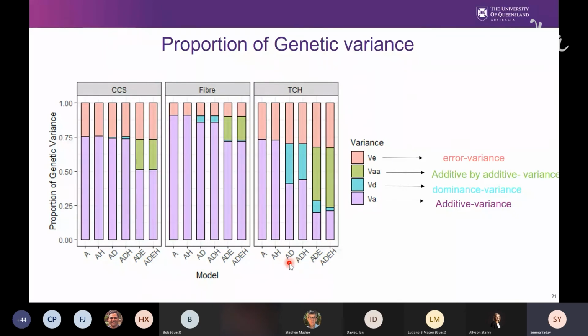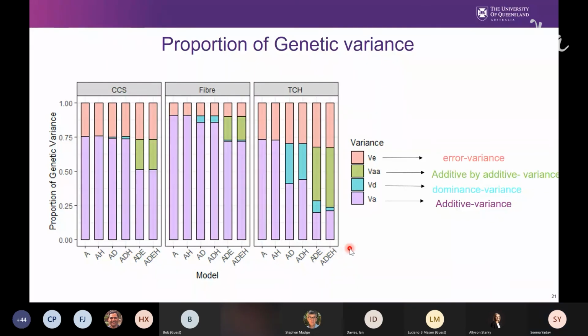In the third, A additive and D dominance, we include dominance in our model, and then it's complemented by the heterozygosity in the next model. Then we use additive, dominance, and E, which represents epistatic effects in our model. And the last is our full model, where we incorporate all the additive and non-additive effects with the heterozygosity.